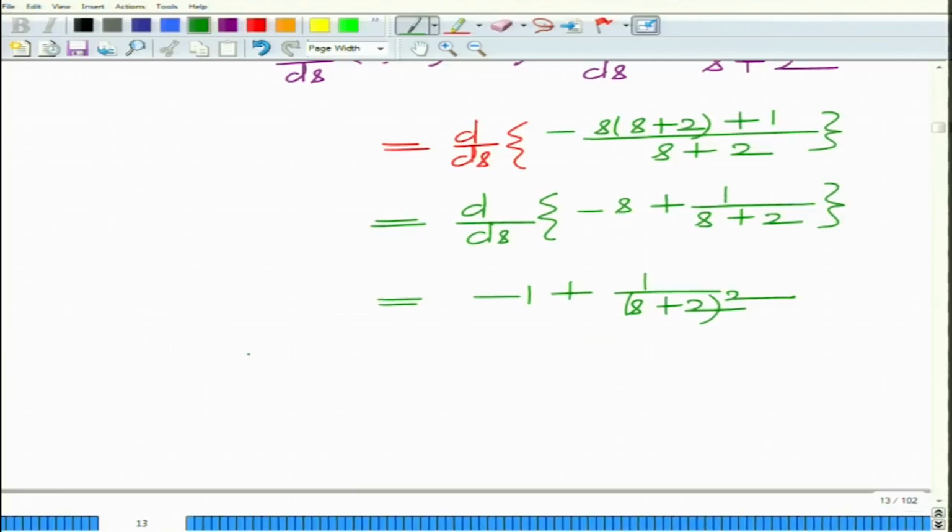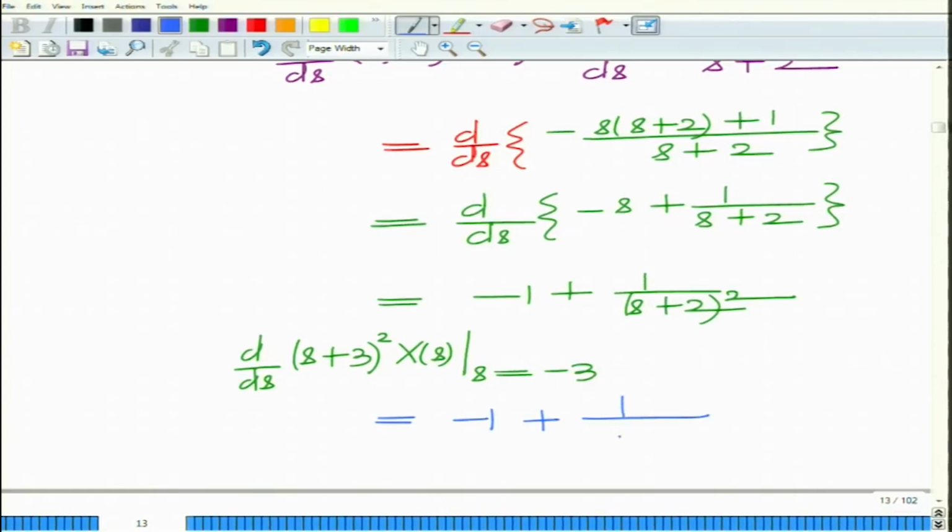Therefore, the derivative of (s plus 3) whole square times X(s) evaluated at the pole s equal to minus 3 is minus 1 minus 1 over (2 minus 3) whole square, which is minus 1 minus 1, equal to minus 2. So, lambda 1 equals minus 2.